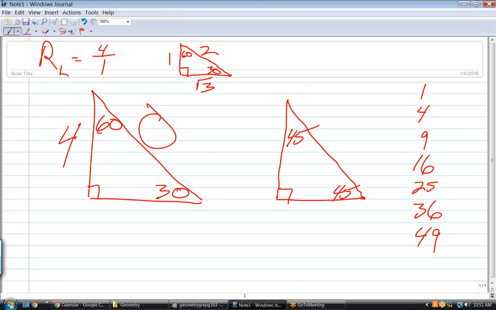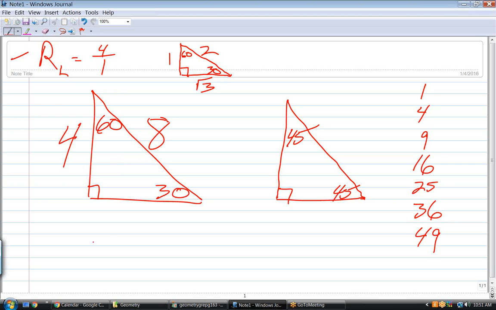What this linear ratio means is that every corresponding side on this triangle is 4 times bigger than its corresponding side over there.